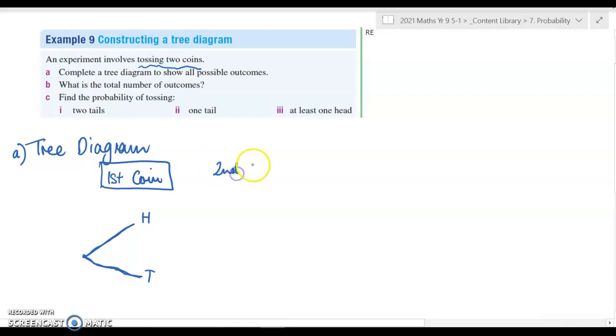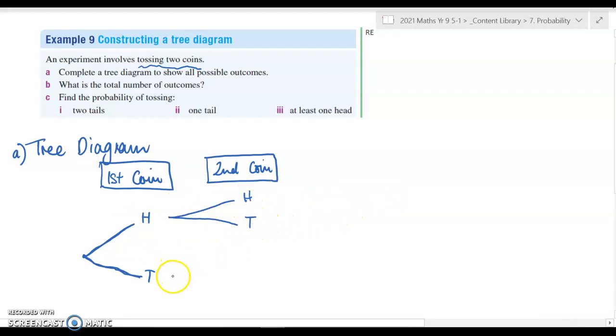Then we need to extend our tree diagram so that it takes in the second toss of a coin. From the head on the first toss, I draw the same thing. I've still got two options for the second coin. I can have two heads in a row, that doesn't matter.